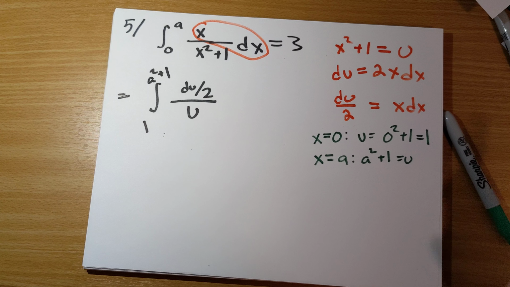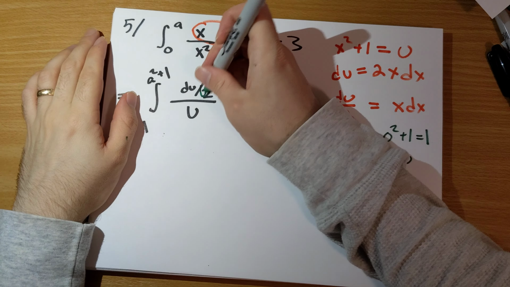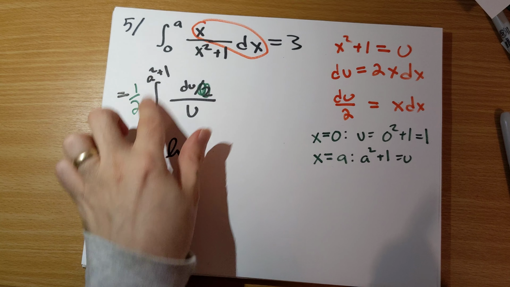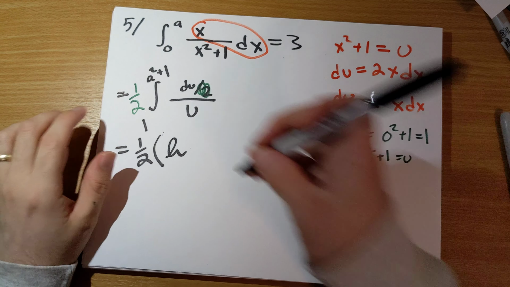Okay, let's see, what can we do? Divide here by 2, I'm going to move that outside the integral as 1/2. The antiderivative of 1 over u is natural log of the absolute value of u. I should put absolute value bars here, but the things I'm plugging in are going to be positive.